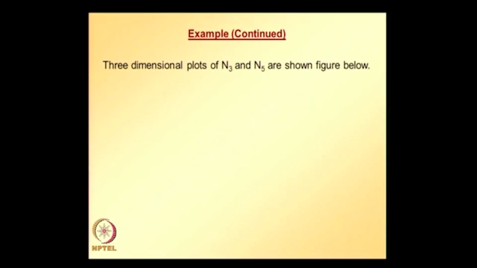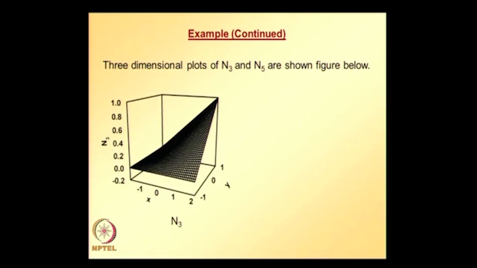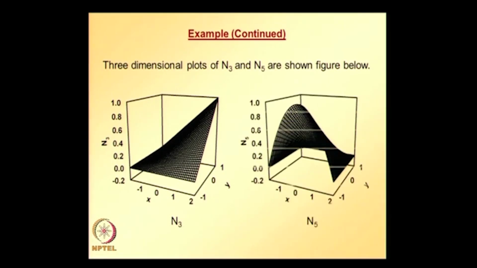So, 3 dimensional plots of 2 of the shape functions, namely N3 and N5, are shown, and this is how N3 varies over the domain of that particular element, and this is how N5 varies. So, any other noded element, for example a 7 noded element, can be easily obtained from the table.